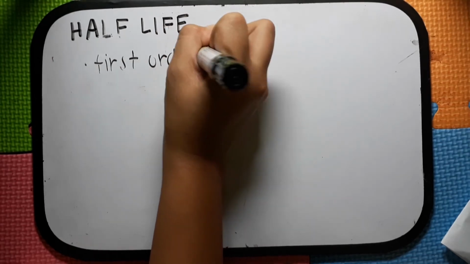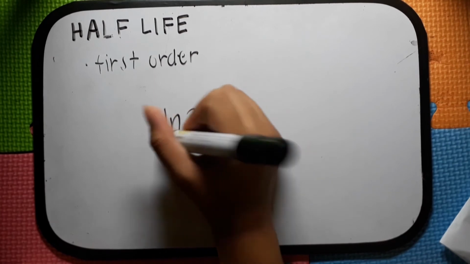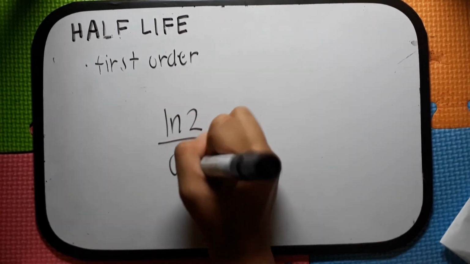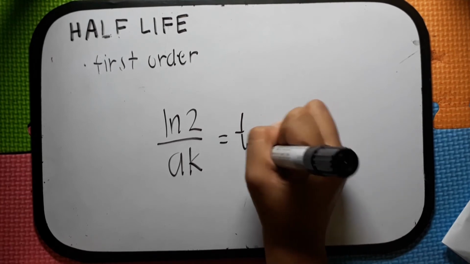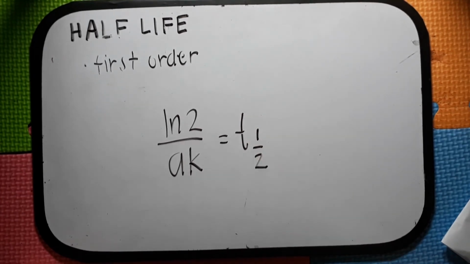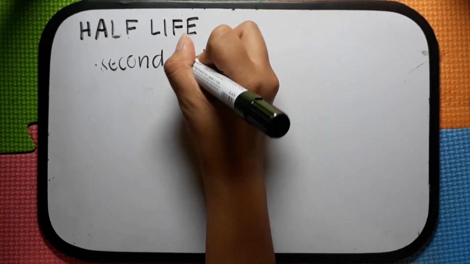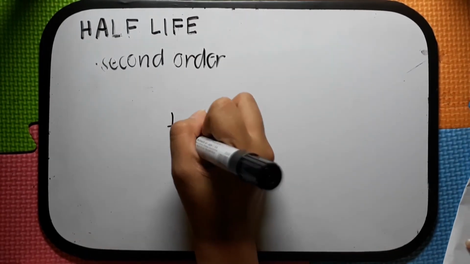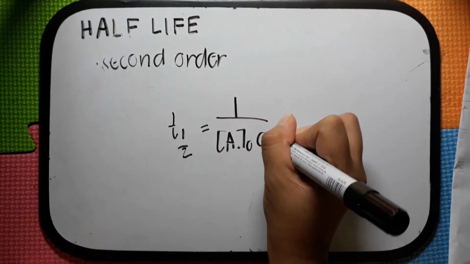And we will arrive at the equation half-life is equal to ln2 over the product of rate constant and coefficient for first order. And half-life is equal to the reciprocal of the product of initial concentration, rate constant, and coefficient for the second order.